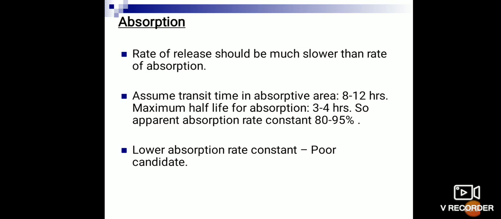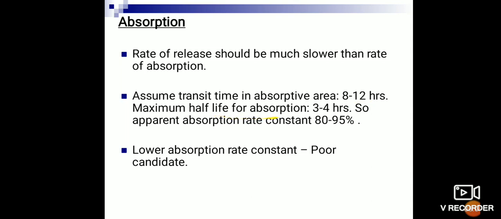The first factor is absorption. The rate of release should be much slower than the rate of absorption. Then we extend the duration of time in the treatment. Assume transit time in absorption area is 8 to 12 hours.